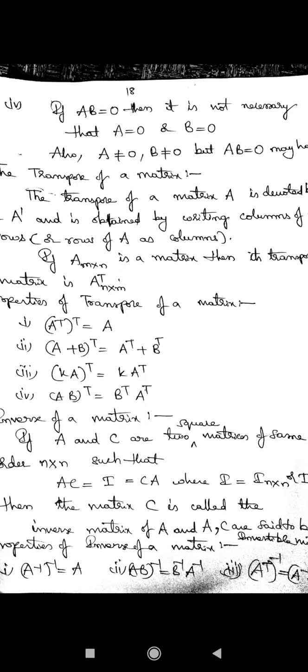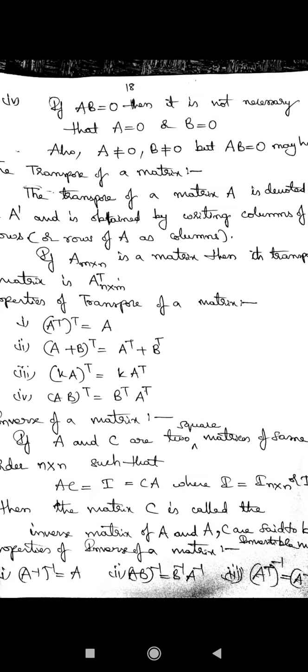And the fourth property says that if AB is equal to O, then it is not necessary that A is equal to O or B is equal to O. The zero matrix we denote by the capital letter O. That is, by O we should understand that it is a zero matrix.